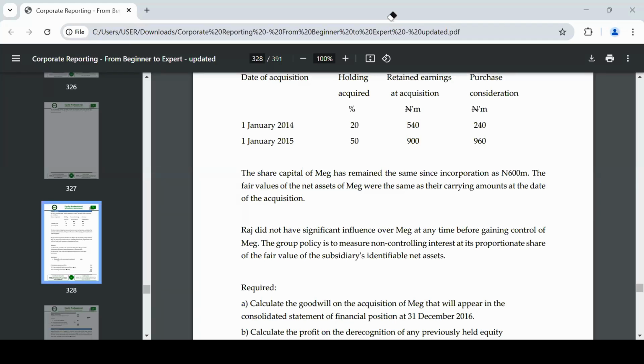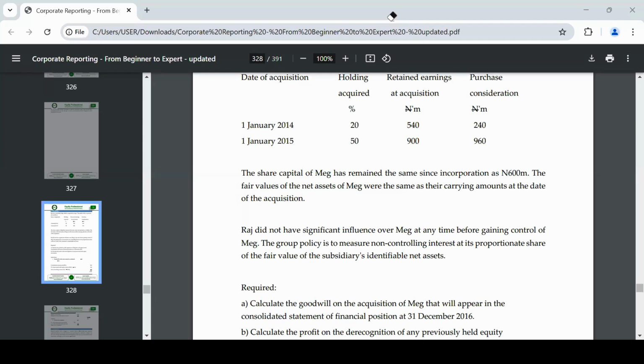So they are using this opportunity to tell you that Raj has been treating this equity investment in Meg using IFRS 9. So therefore, we would consider what is the cost. If it is cost, okay, let's move forward. I'll come back to explain that.